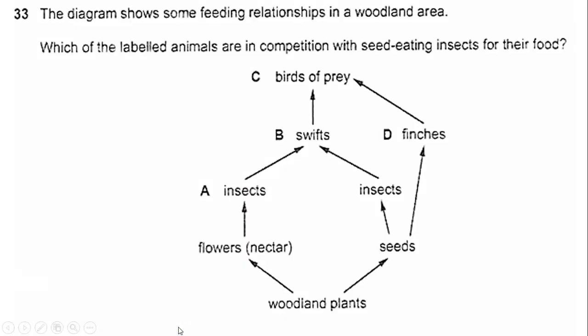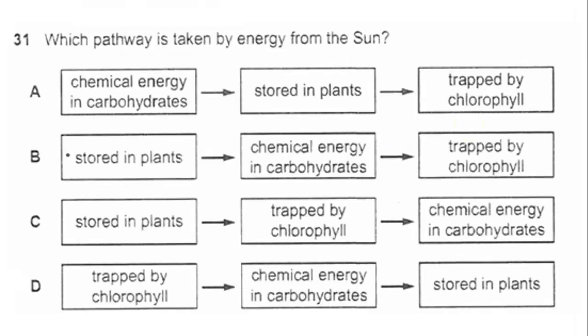Okay, the diagram shows some feeding relationships in a woodland area. Which of the labeled animals are in competition with the seed-eating insects for food? So you're going to look at the seeds and the insects that eat the seeds and see what other organism eats seeds, and it's going to be the finches.